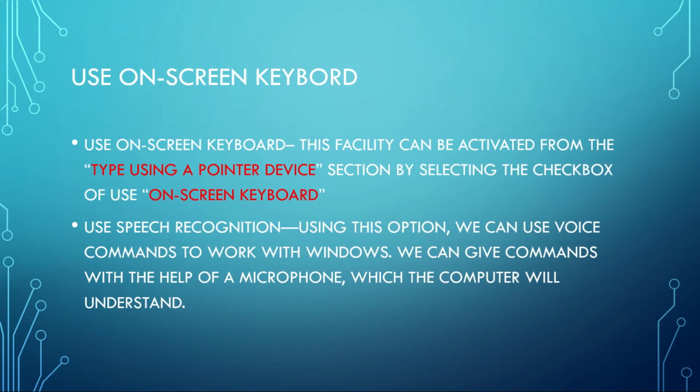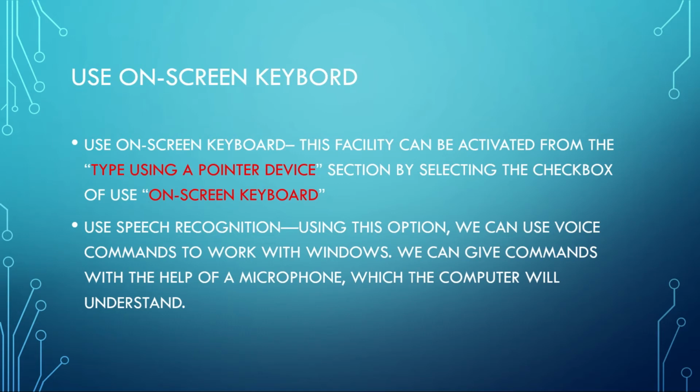Next is Use on-screen keyboard. This facility can be activated from the Type using a pointer device section by selecting the checkbox of Use on-screen keyboard. You can even press the Windows logo key and R, and in the box write OSK.